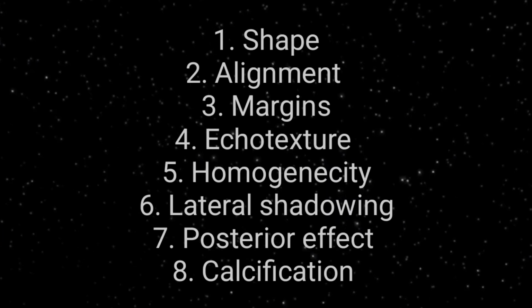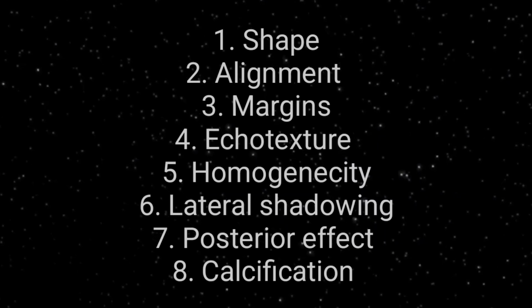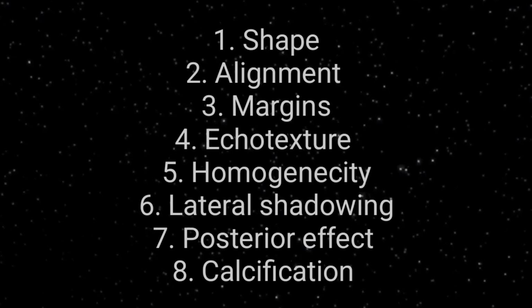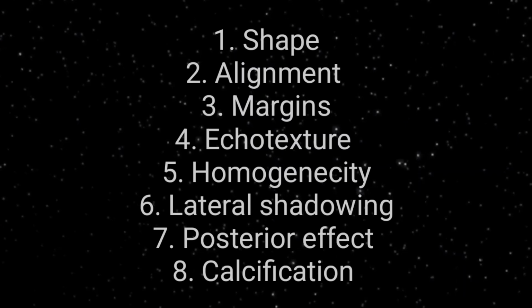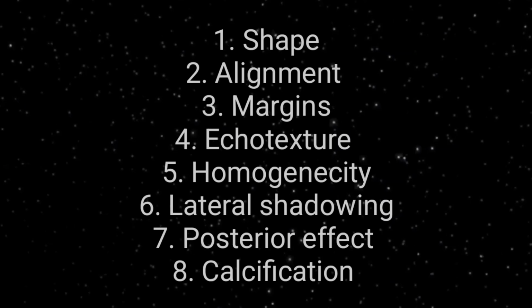You have to look for the alignment and the different margins, and then you have to look for the echotexture, the homogeneity, whether it is uniform or non-uniform. Then the lateral shadowing should also be looked for, and the posterior effect as well.